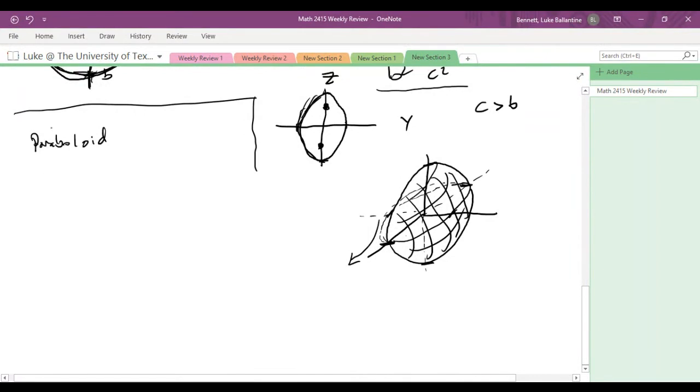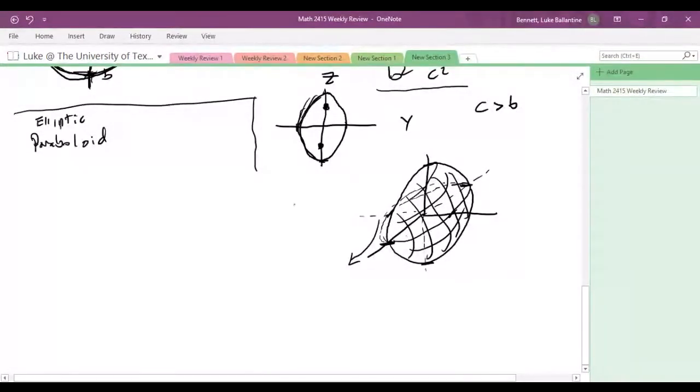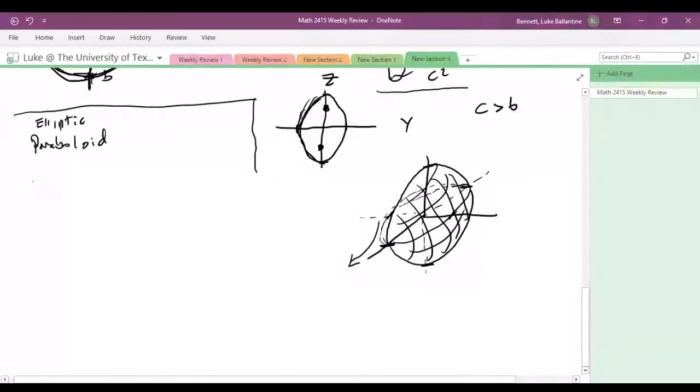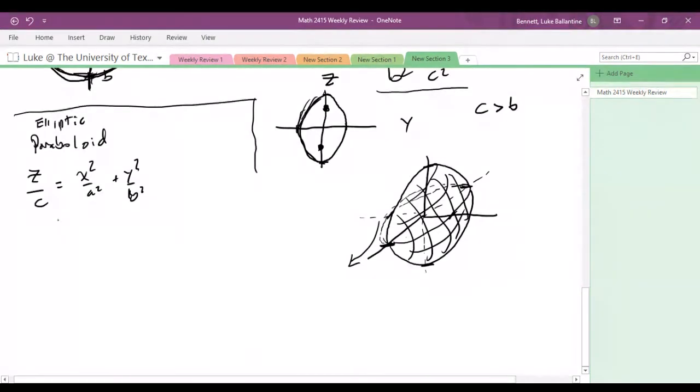Now we have the elliptic paraboloid. We have z over c equals x squared over a squared plus y squared over b squared. Whatever variable doesn't have the square, you just try to mimic this as best you can.